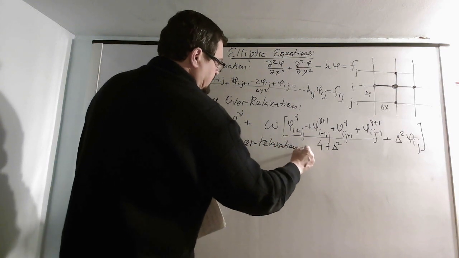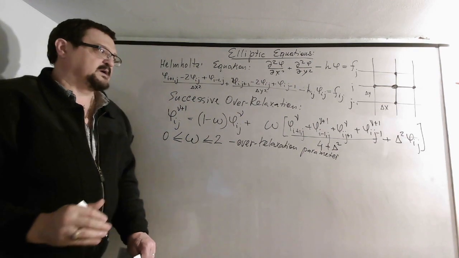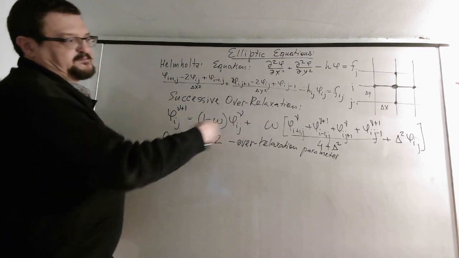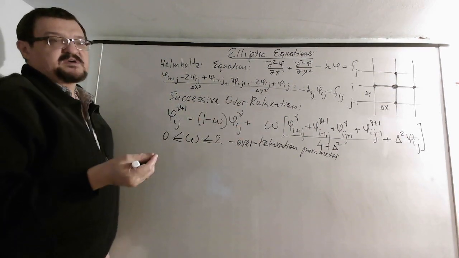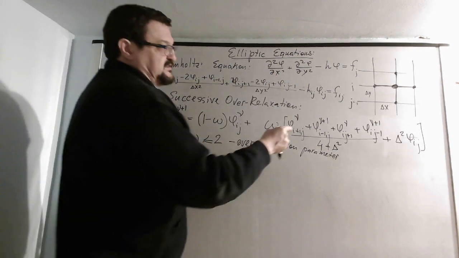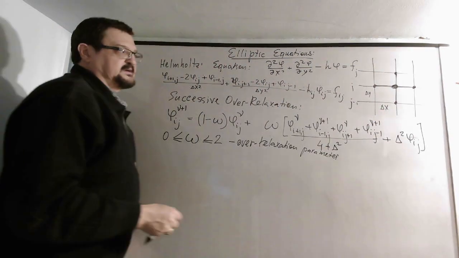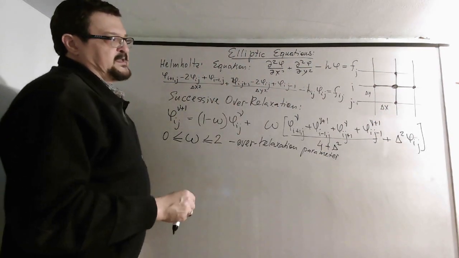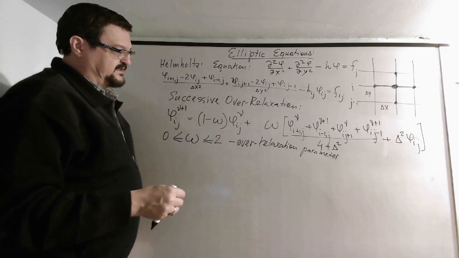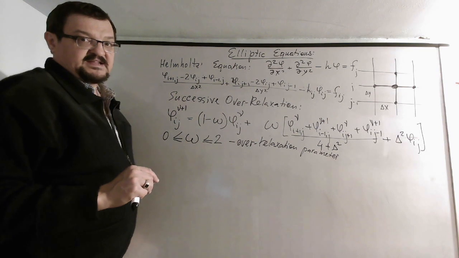And this parameter is usually found experimentally, because here I wrote a simple expression, but if you have some coefficients in front, and maybe different delta x and delta y that change with position in space, then your omega should be found experimentally.